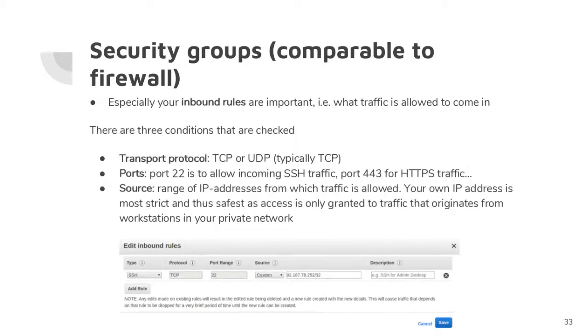The next thing for security is a security group, or firewall. By default, you only allow SSH access, secure shell. With secure shell, you have remote access to your server, and you can run commands on the command line.